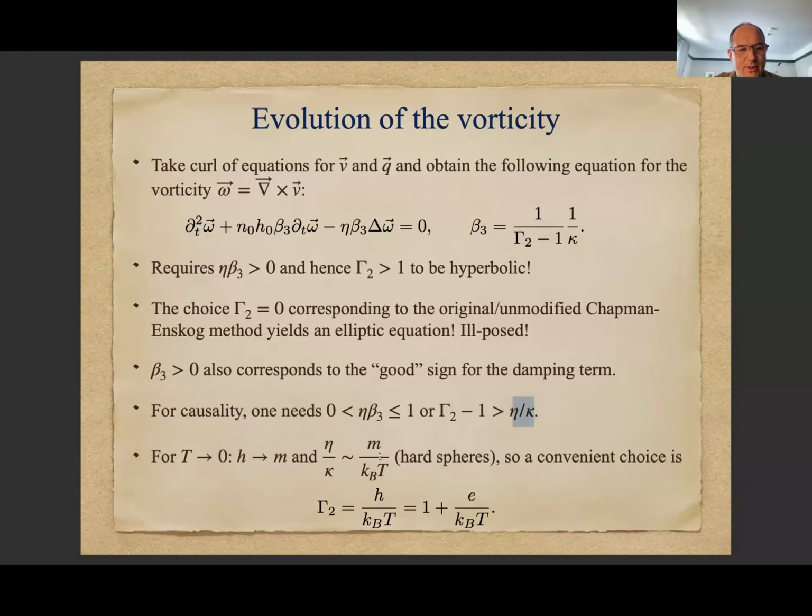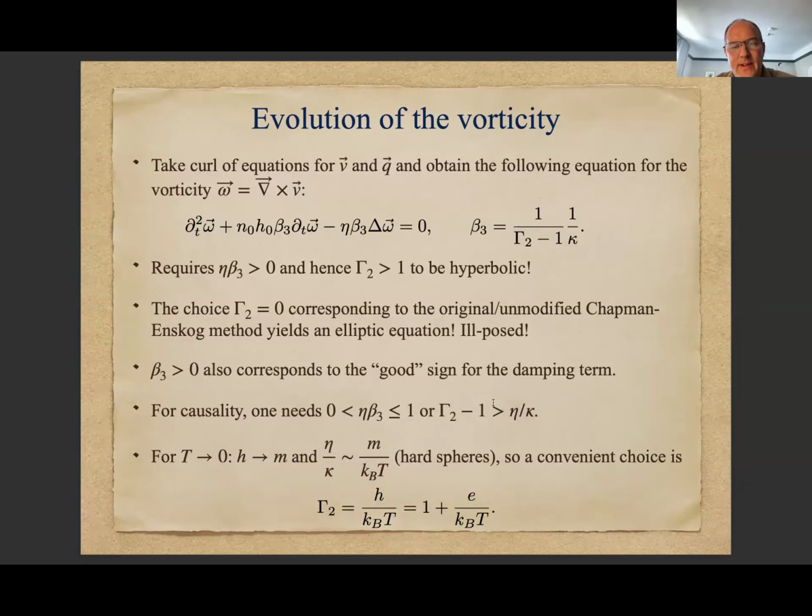And then a nice choice, because when the temperature goes to 0 the enthalpy goes to m, a convenient choice is to choose gamma 2 as the enthalpy over kBT. Although this you can also write as 1 plus the energy per particle over kBT. So this is actually always larger than 1 if the energy per particle is positive.